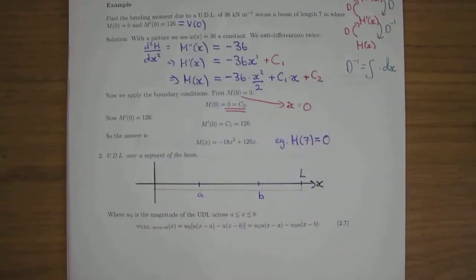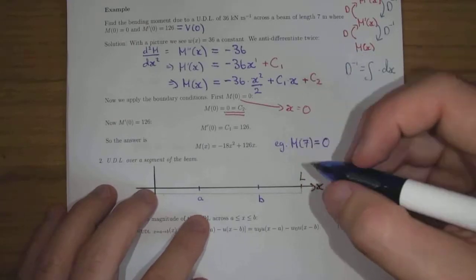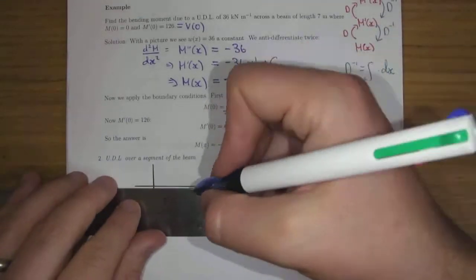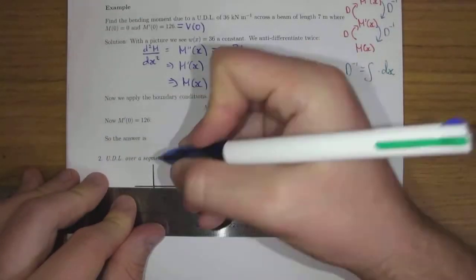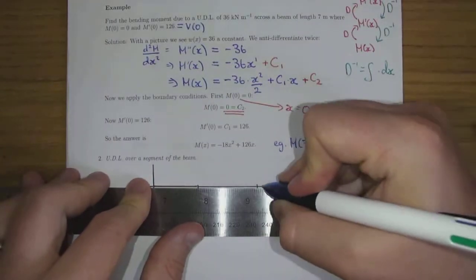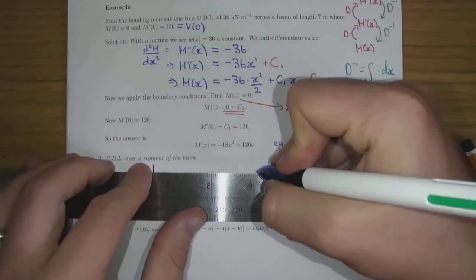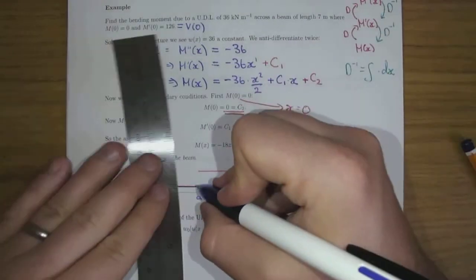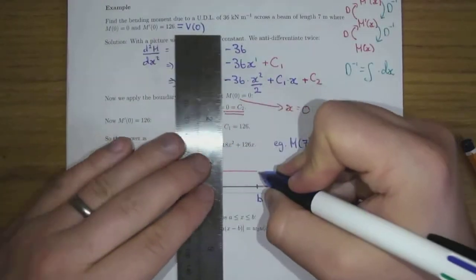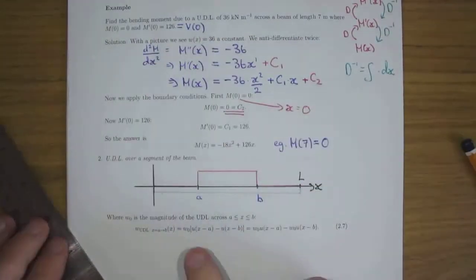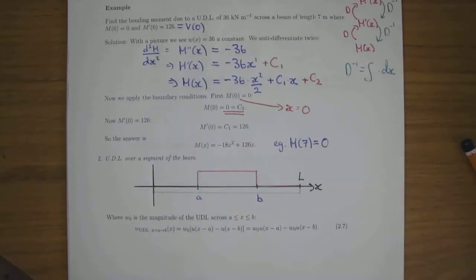So now we're going to draw this. Actually, I'm going to do something a bit different. So this is something that's 0 here, and is equal to W0 between A and B. Now you won't draw it like this, but this should remind you of the Heaviside function, the unit step.